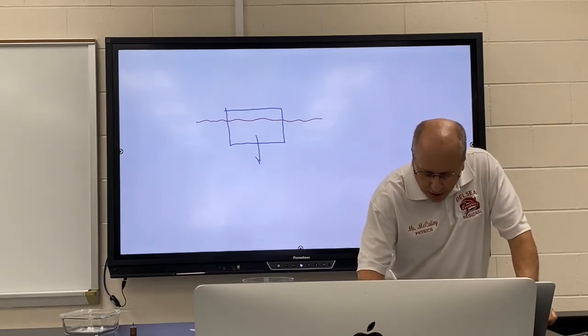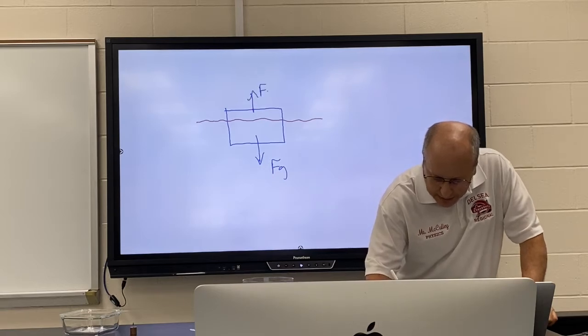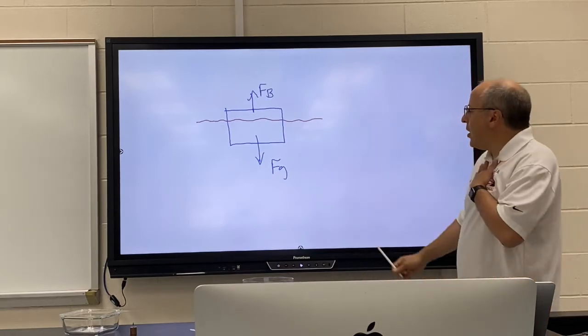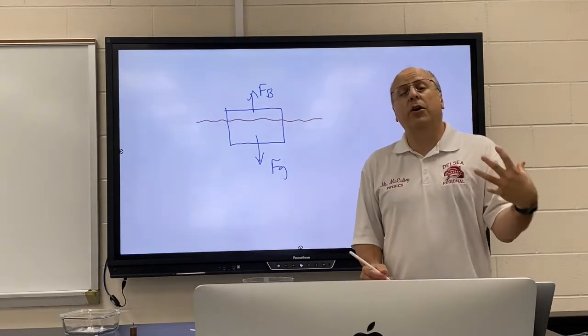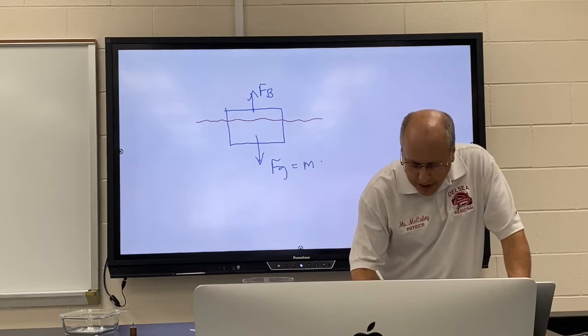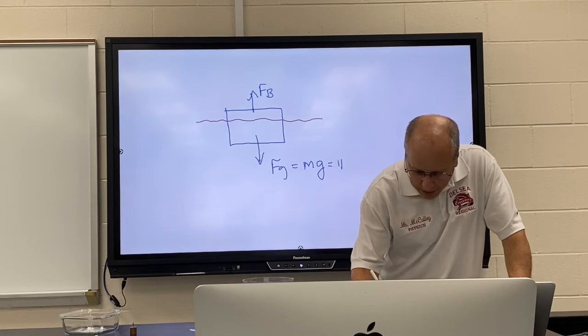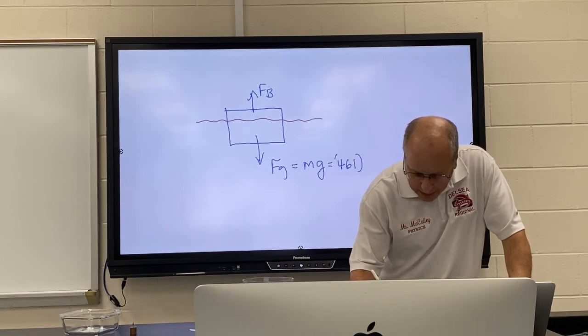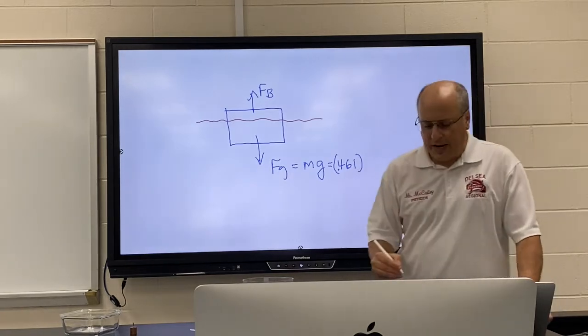We then draw our forces. We have gravity and we have buoyancy. We don't know how much of it is going to be above and below the water, so we don't know the volume submerged. So we should start with our force gravity. It was a mass of about 461 grams, so we make it 0.461 kilograms.